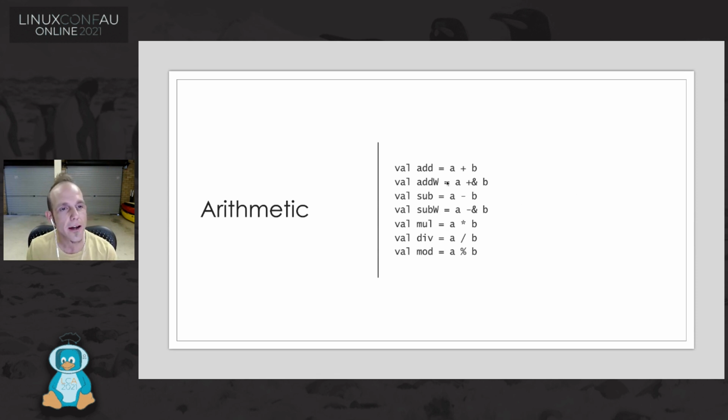The one thing I will point out is they've got these extra operators for an expanding addition. So that means if you add 1 to an 8-bit value, then it will expand into a 9-bit value, which means that it won't overflow. You'll be able to capture the full resolution of the addition, which is a nice addition to the language.